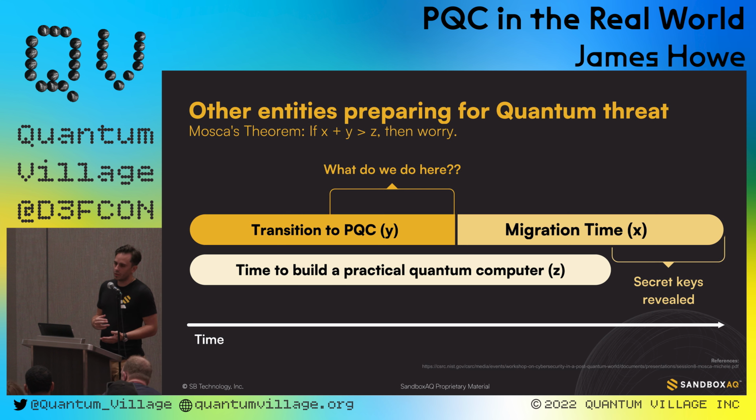So yeah, you might be wondering why we need to worry, and I think Mark had a slide on this as well a while ago. This is what we call the store now, decrypt later problem.